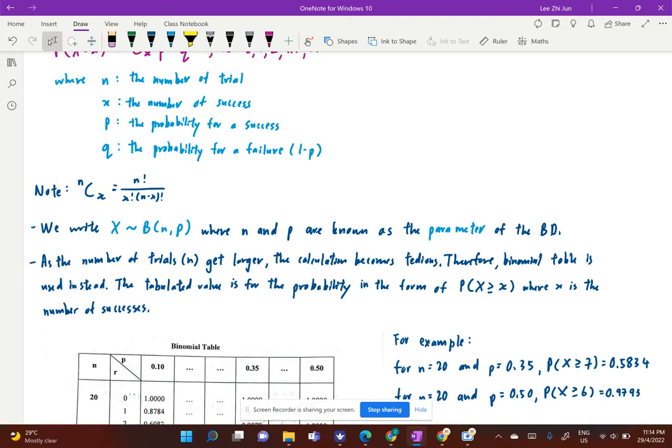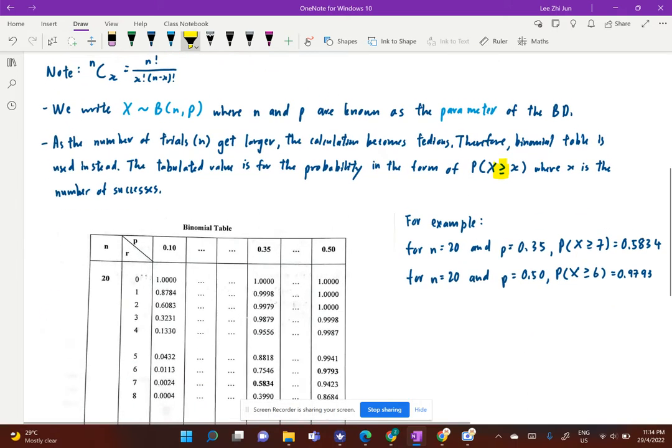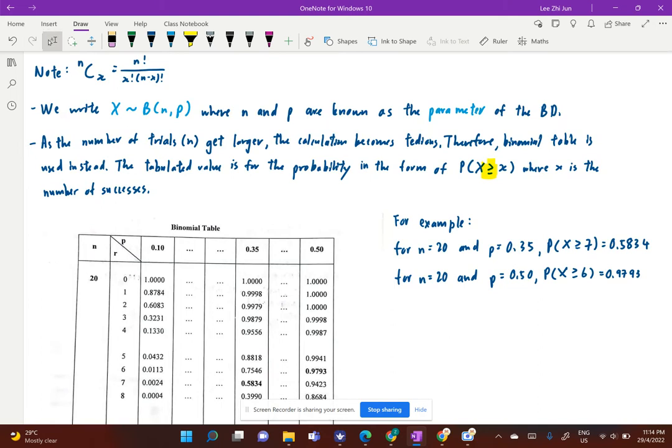So the tabulated value is for the probability in the form of P(X larger or equal to x), where x is the number of successes. So this is what the binomial table looks like. Never mind, we will go through how to read the binomial table later.